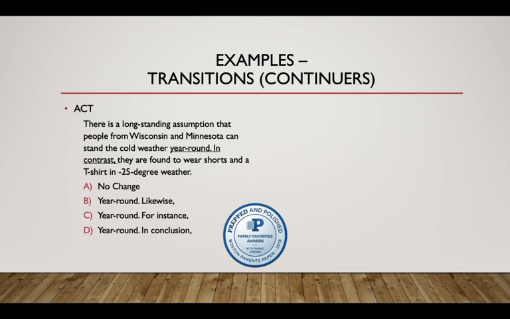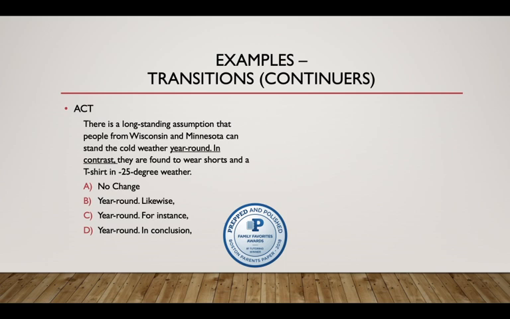Now, if I'm trying to identify the different types, and this is something that can take a bit of time when you first start out, I can note that in contrast is a contradictor, likewise a continuer. For instance is a fancy way of saying for example, which is also a continuer. And in conclusion could be considered a cause and effect, because you're showing the result.